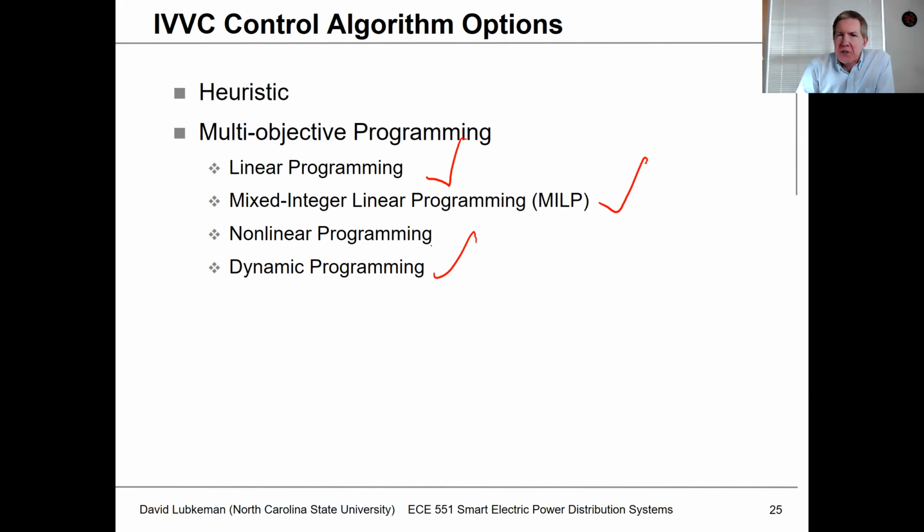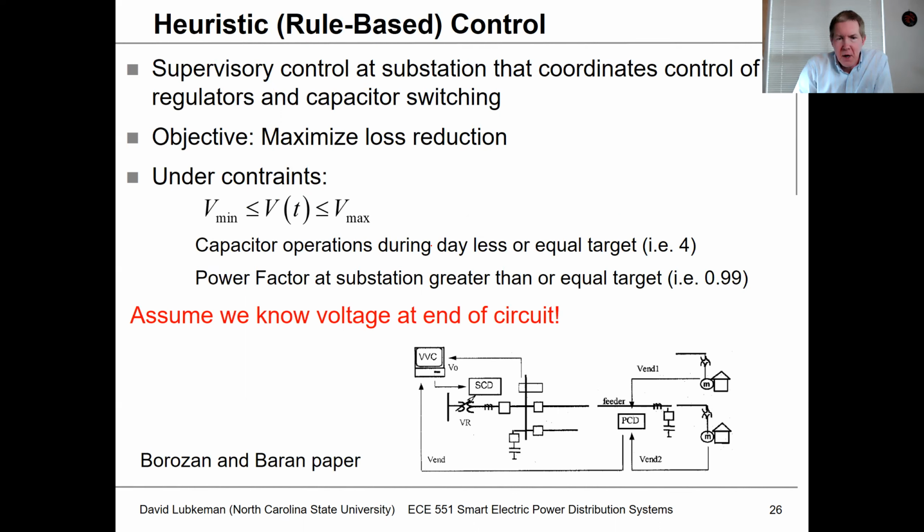There are thousands of papers in the literature on different types of optimization. If you want to learn more, the class to take would usually be an operations research class where you learn about these different techniques. So we're just going to focus on a heuristic, rule-based approach.